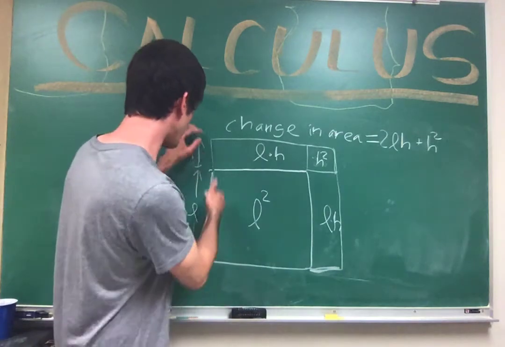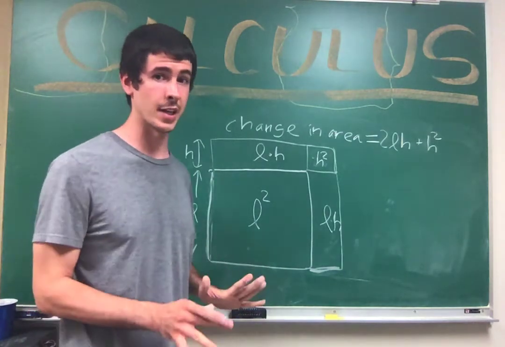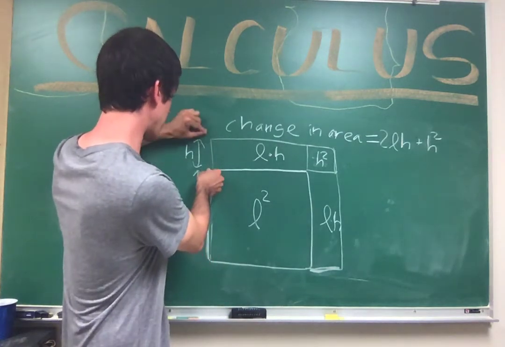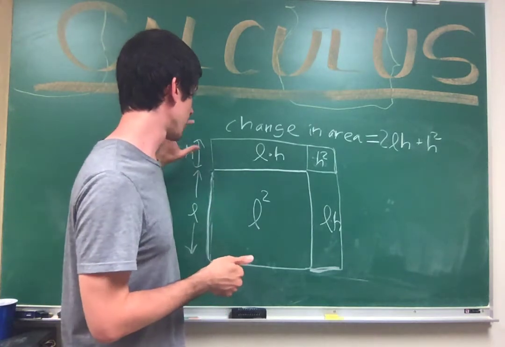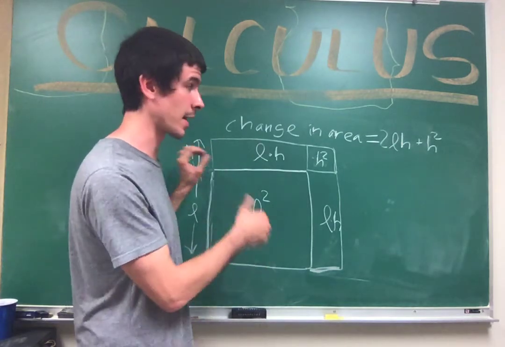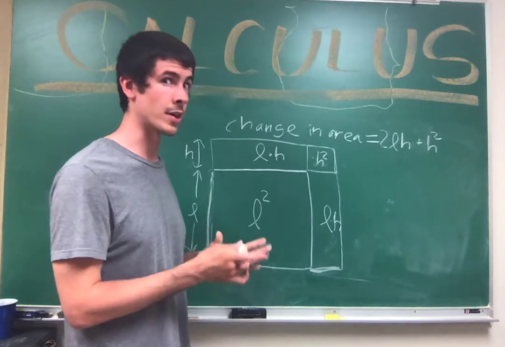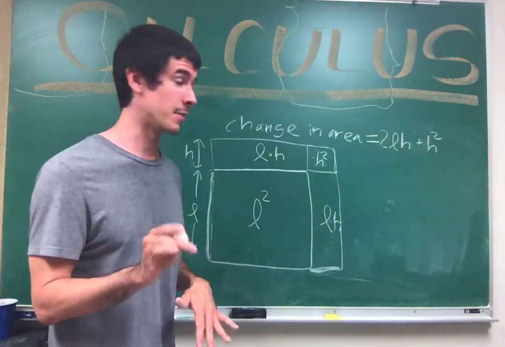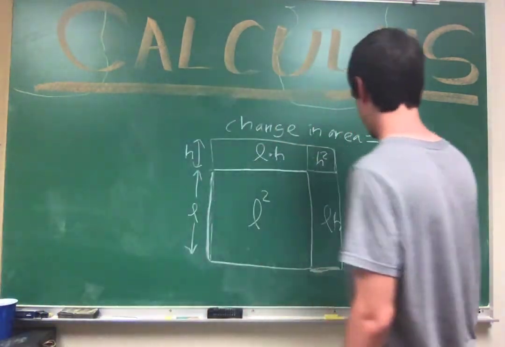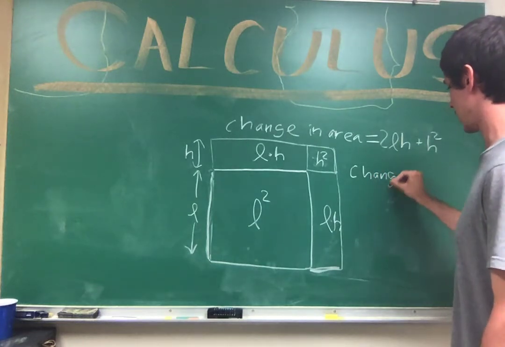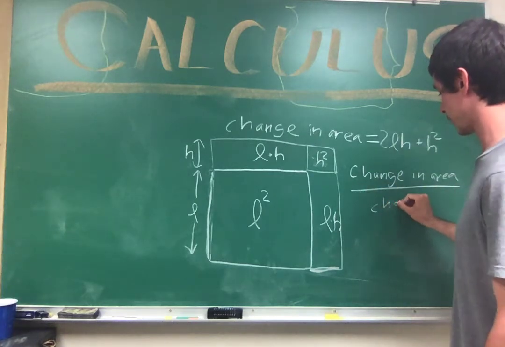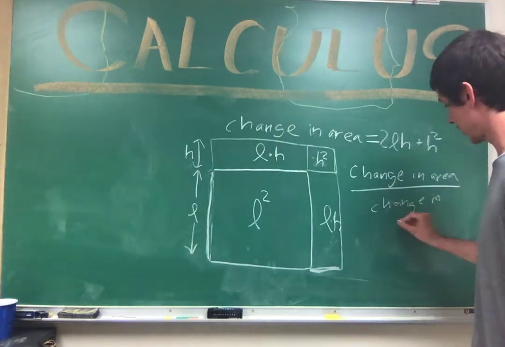And if we wanted to see how it's changing continuously, what's the rate of change as the square grows by an amount of h? How fast is the area growing as the length is growing? So there's a statement in words that we can put into a mathematical formula: the change in area over the change in length.